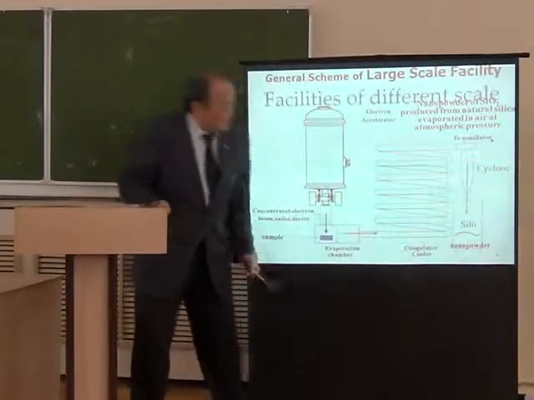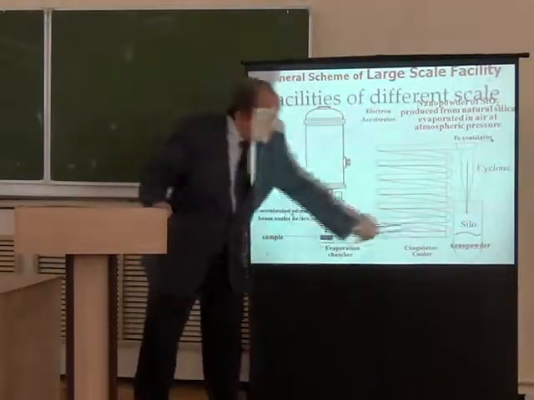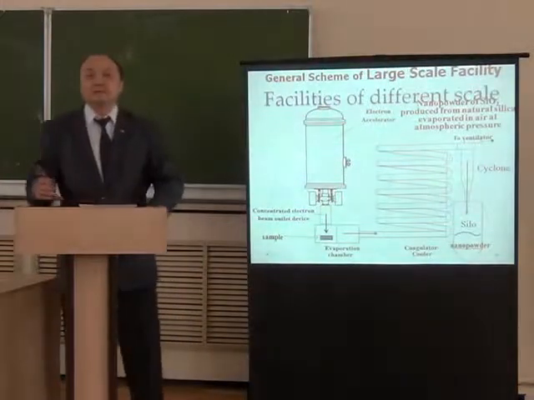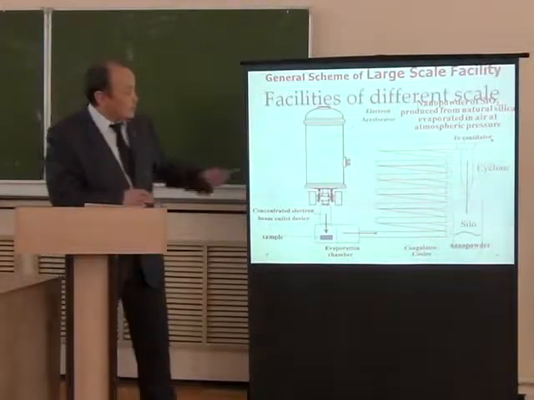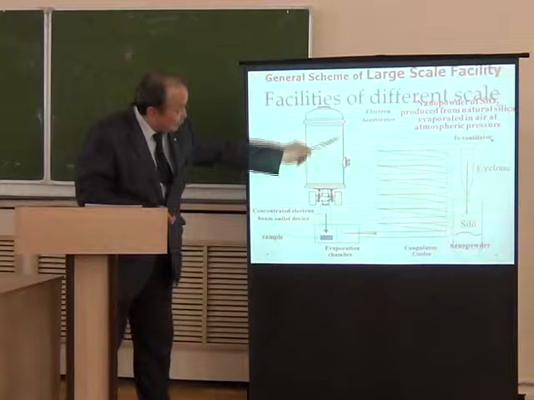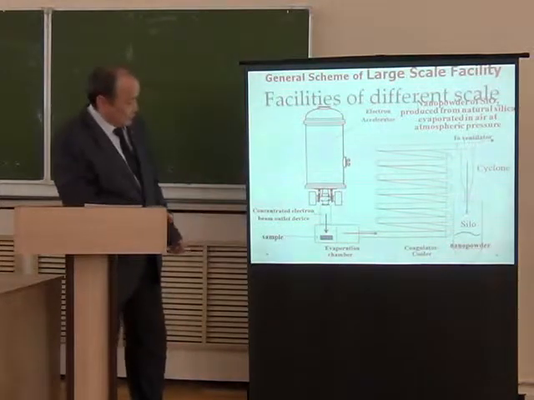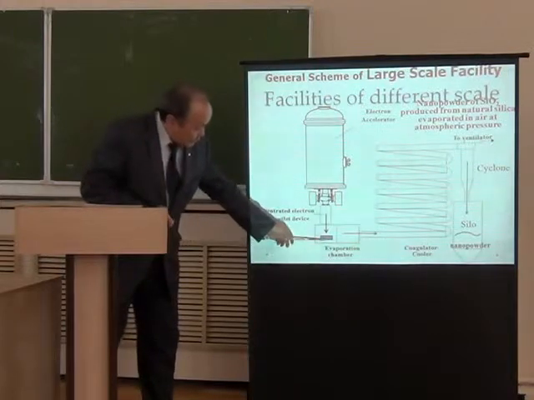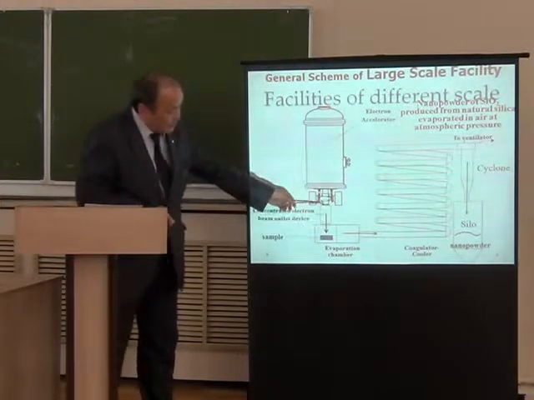This volume is named cylinder. Do you understand? Yes. Electron beam from the electron accelerator follows to the sample. The sample is evaporated.